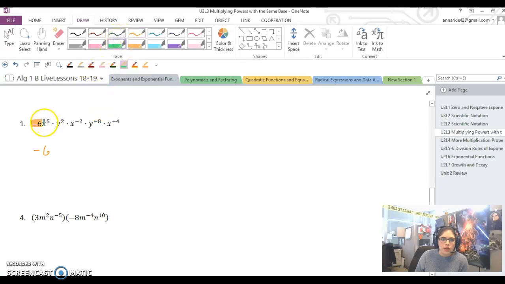And then why not start with the x's first, because that is the first one listed. So I'm going to go through and highlight all of my x terms, all my terms with x as the base. So I have x to the fifth, x to the negative second, x to the negative fourth. So 5 plus negative 2 gives me x to the third. Yep, positive third.